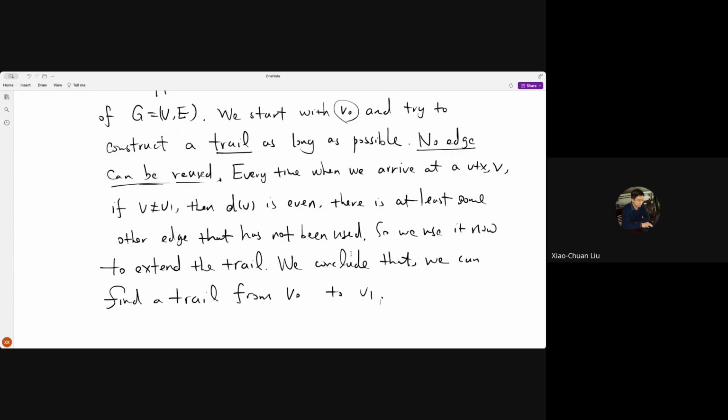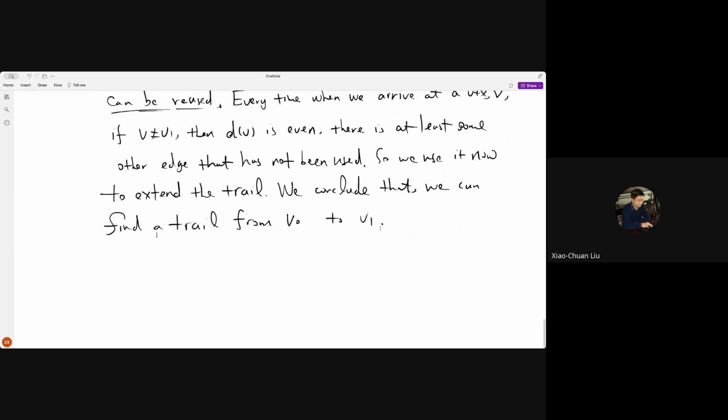We are not finished because we are not guaranteed that we already passed through all edges. So let's denote this trial to be P, or T for this trial.